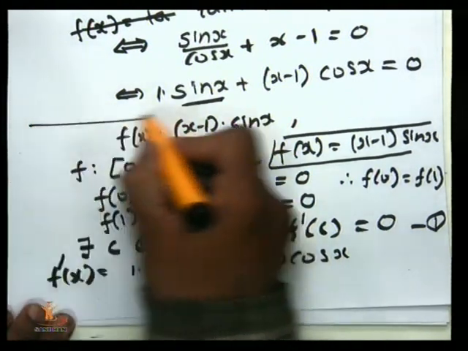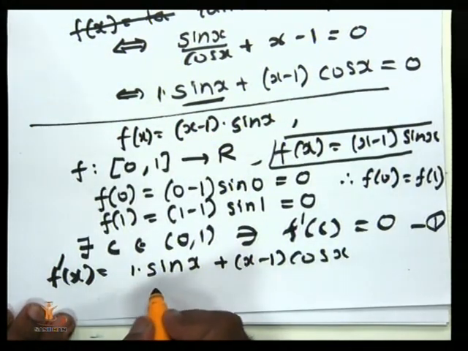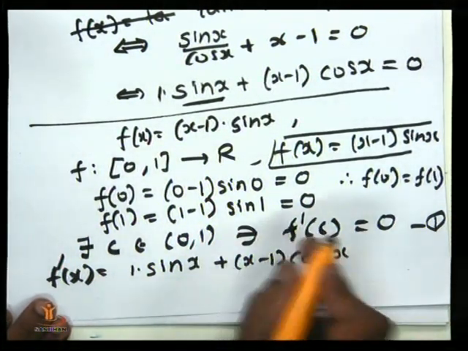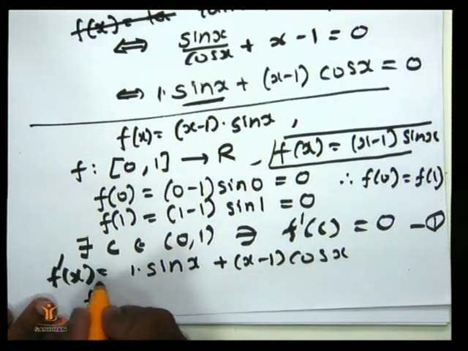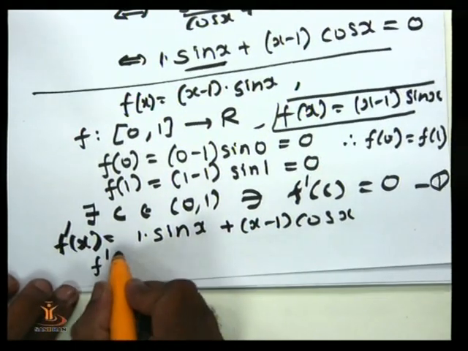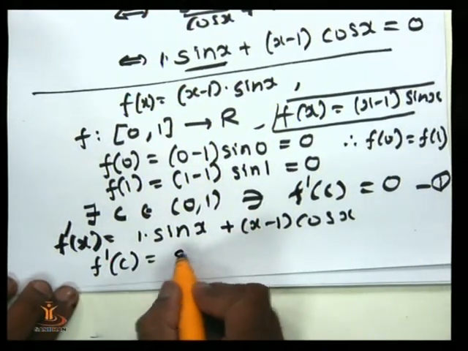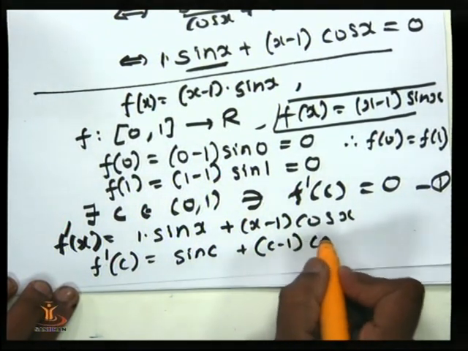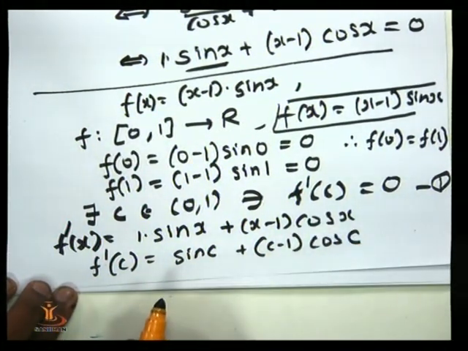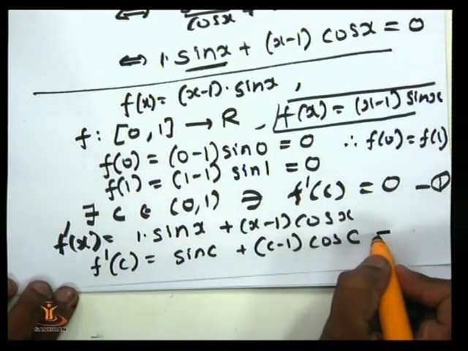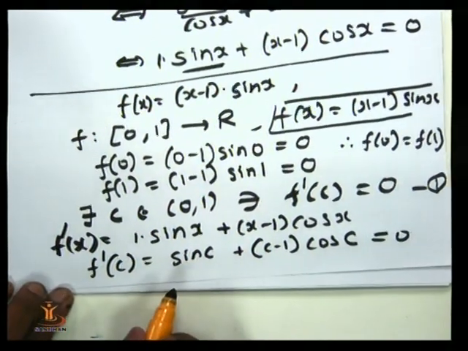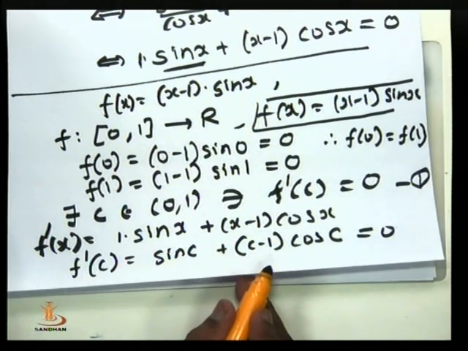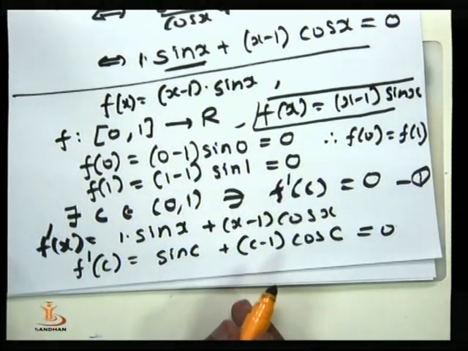So, remember, we want to find the value of the derivative at x equal to c, because I want to put it equal to 0. So f dash of c is equal to sin c plus (c minus 1) into cos of c. But this is equal to 0 according to our result number 1. So we get sin c plus (c minus 1) into cos c is equal to 0.